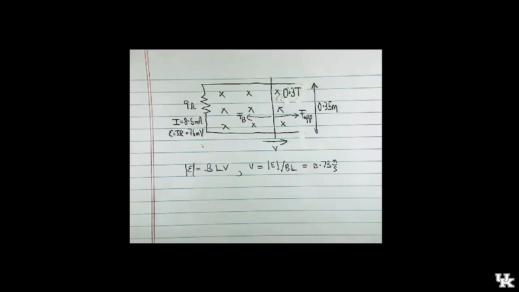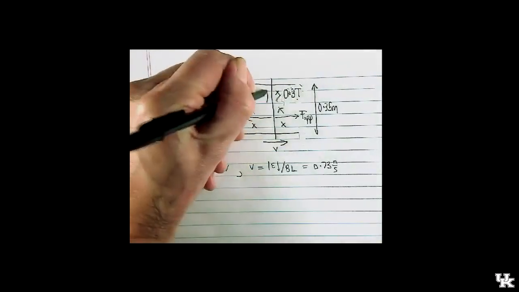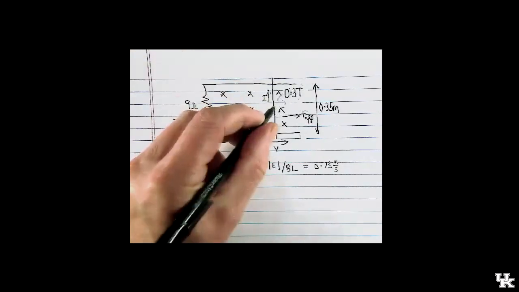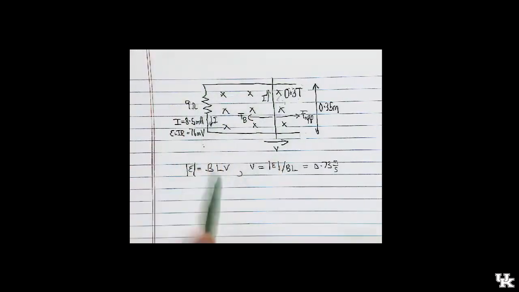And so if you look, it's flowing counterclockwise around that circuit. So by Lenz's law, what we figured out is that the induced current, which we knew the strength of, is flowing counterclockwise around the circuit. So on the right here, it's flowing up, and on the left here, it's flowing down. It flows right to left across the top and left to right across the bottom.